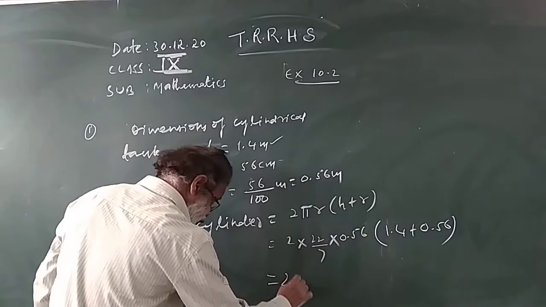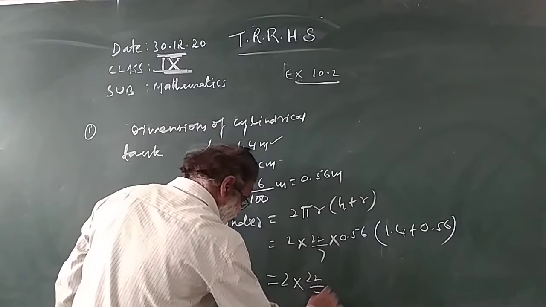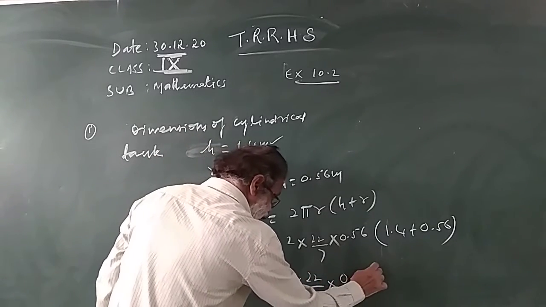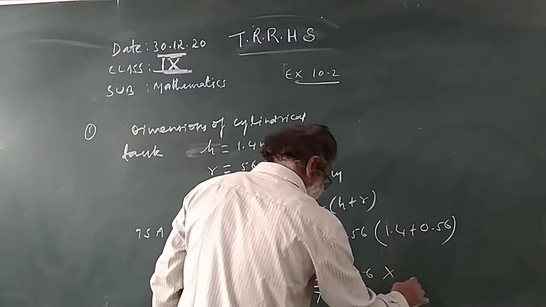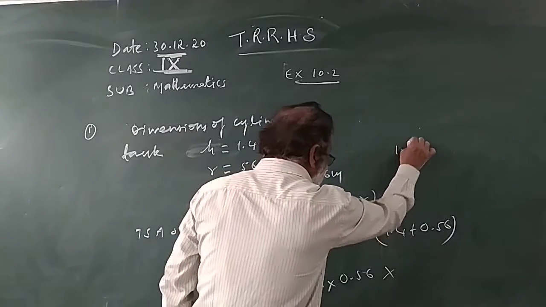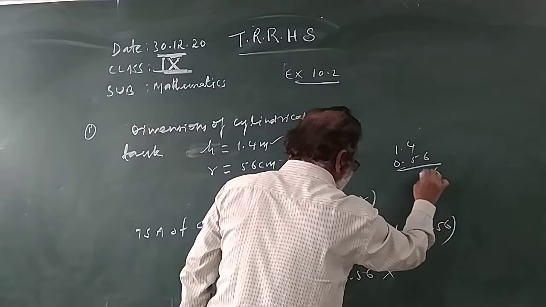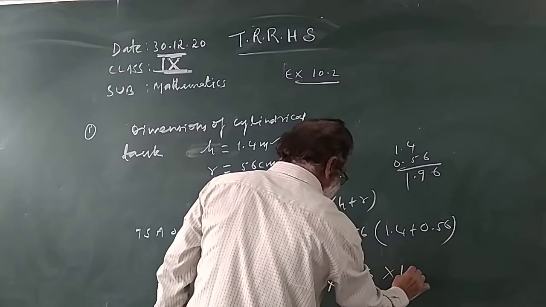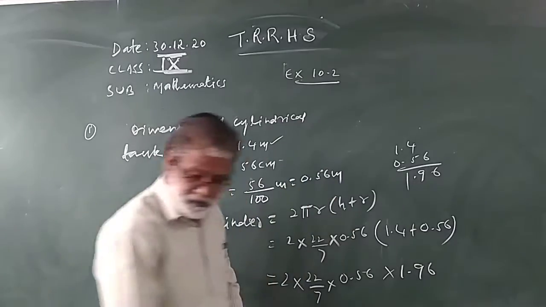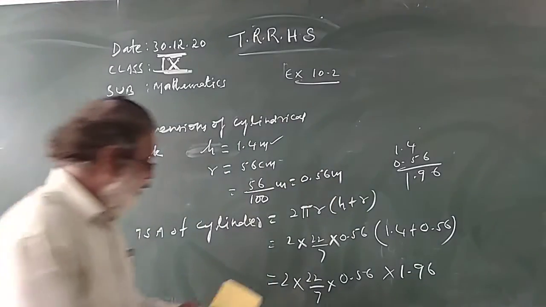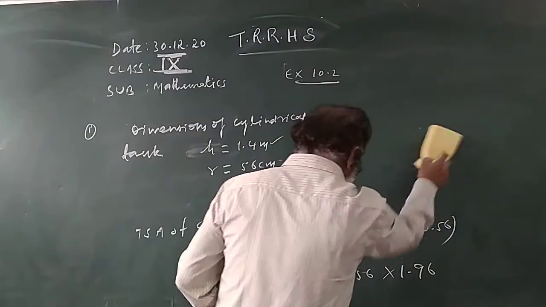Now 2 into 22 by 7 into 0.56 into (1.4 + 0.56); adding, we get 1.96.